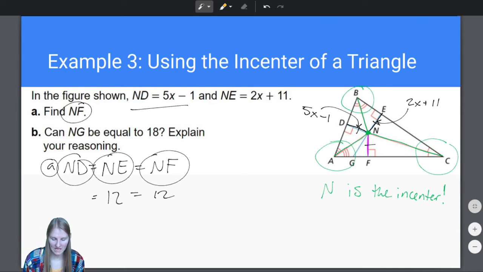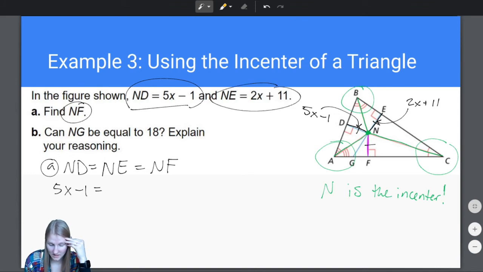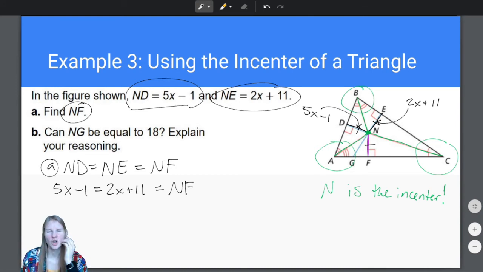If one of them is 8, all of them are 8. So, what do we know about these? I know ND is 5x minus 1. And I know NE is 2x plus 11. And I don't know anything about NF right now, other than that it is equal to these.